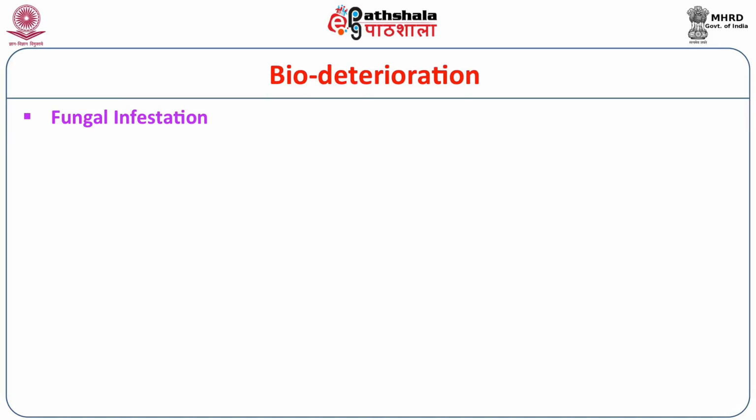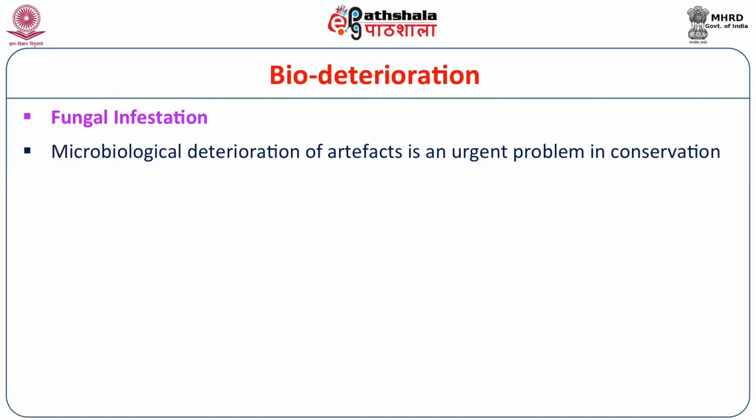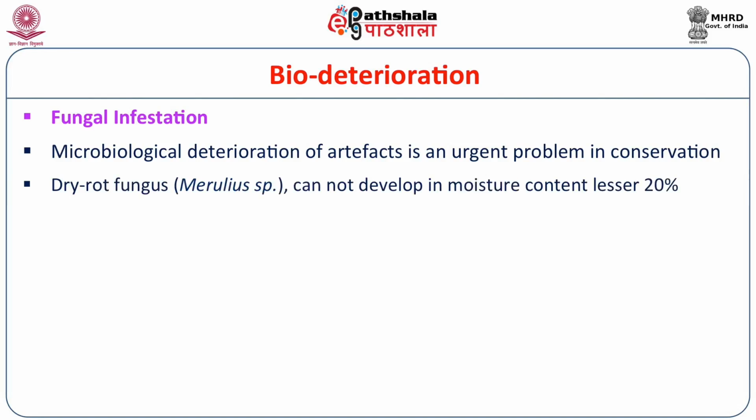After insects, the important type of biological agent is fungus. Microbial deterioration causes serious damage, and it is an urgent problem in conservation of cultural property. Dry rot fungus or Merulius species cannot develop in moisture content lower than 20%.